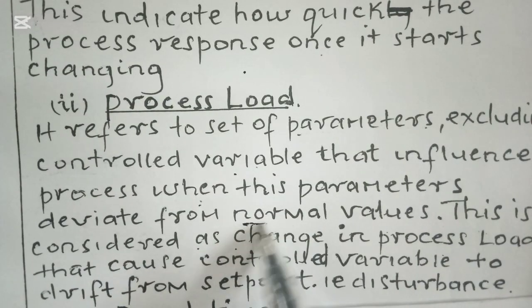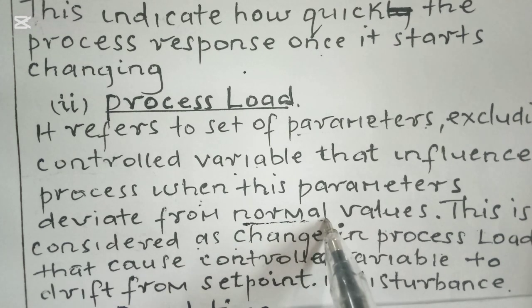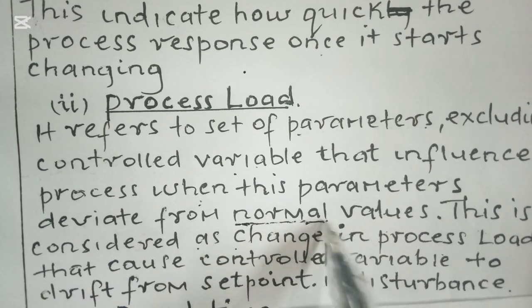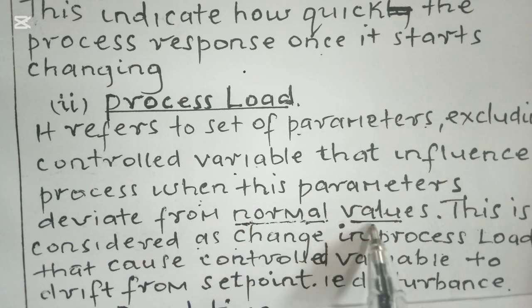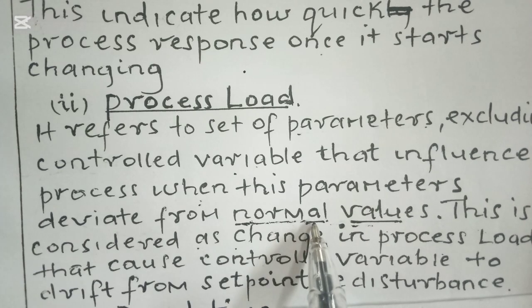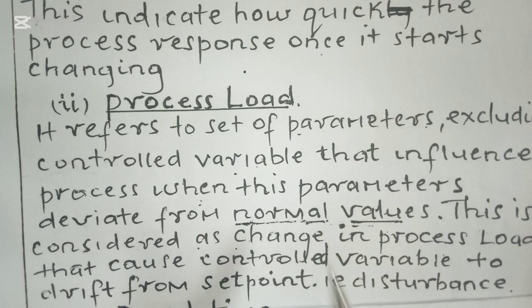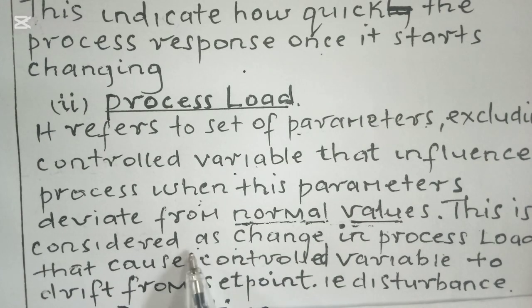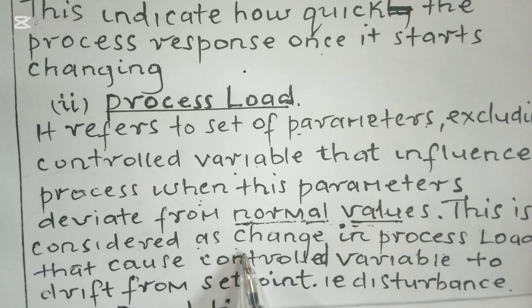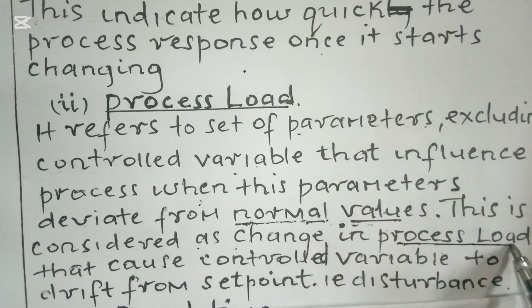If there are floods and the vehicle is moving through the floods, the vehicle might actually deviate. Or if a vehicle is moving on a slippery road, it will slip, meaning it will come out of its normal path. This is considered a change in process load. So whenever that happens, there is a change in process load.